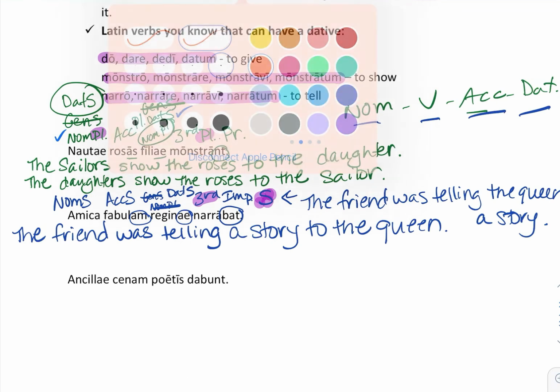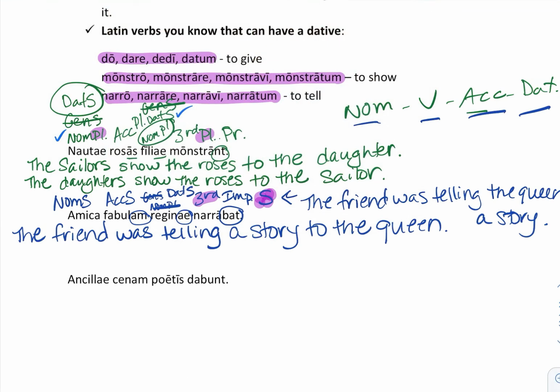Okay, last one here. Ancillae canem poetis dabunt. So let's find our verb. Our verb ending is bunt, so that automatically tells us that it's future, it's third again, and it's plural. Because it's plural, we can look for a plural nominative, and because it's in third person, we can actually look for a nominative. So ancillae, you should be getting used to seeing this ending right now.